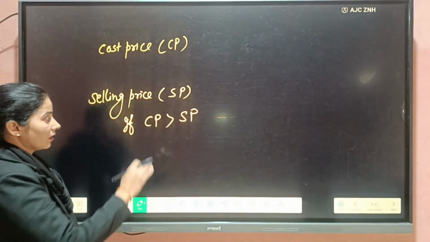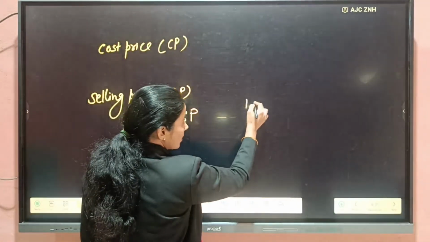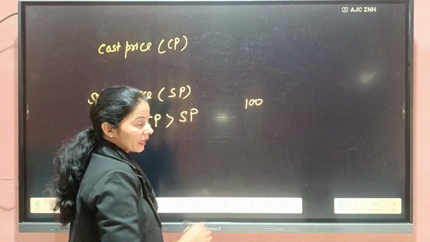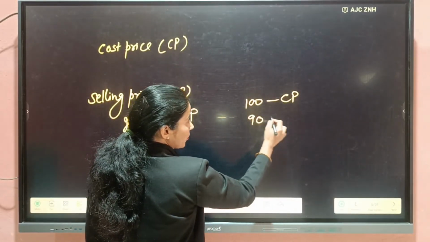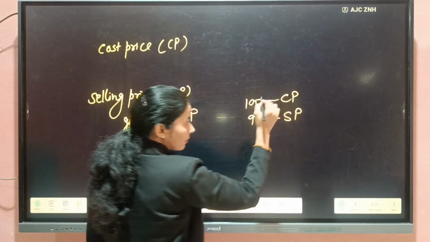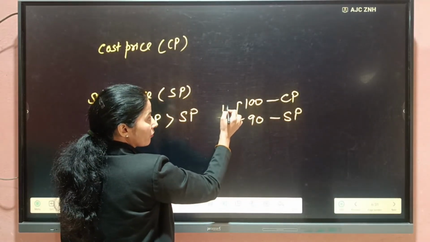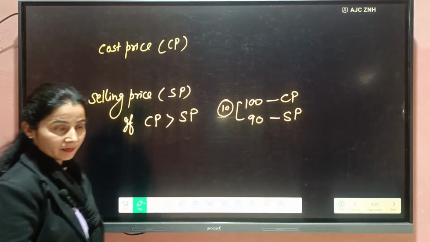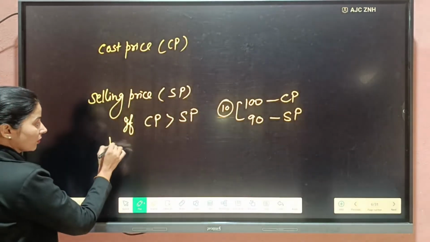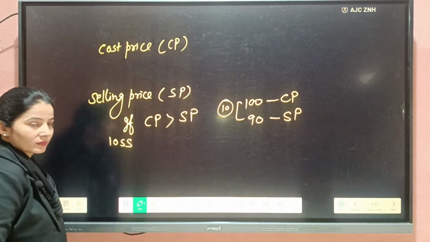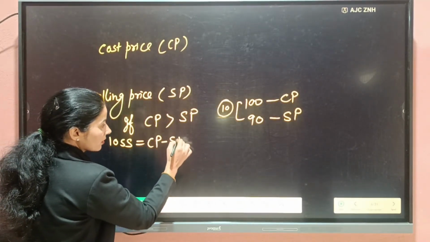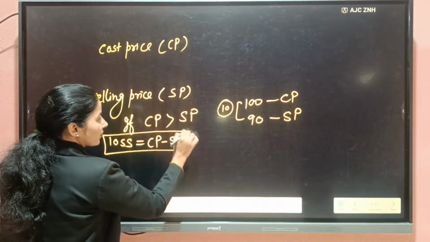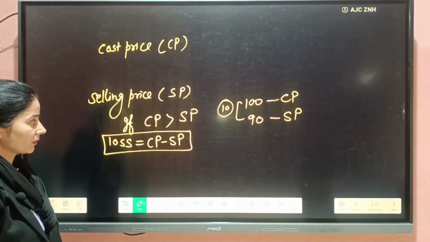Listen, suppose you purchased a book of rupees 100 and you sold it at 90 rupees. It is your selling price. Then I think you suffer from loss of rupees 10. Then in this case we will suffer from loss, and loss we can find out as cost price minus selling price.